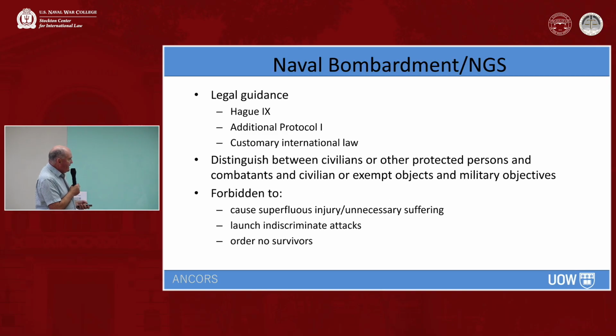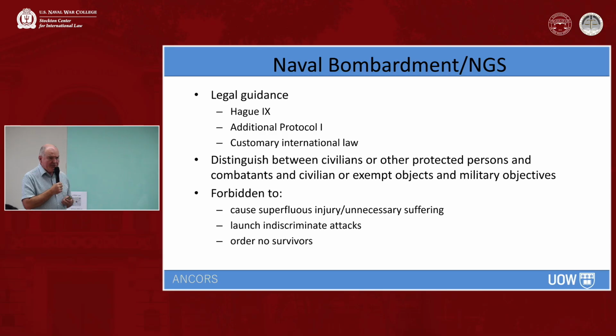Okay, let's look at some of these weapons themselves. First of all, gunnery. It has long been a feature of naval warfare, sticking a gun or two on a ship, and a large calibre one at that. There is some treaty law that we can look to, and I'll go through that in a minute.